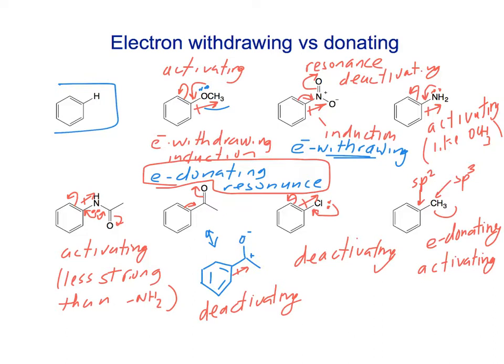Exactly. You probably not everybody heard all that, but as we increase the amount of s character, right? sp2 is 33% s, whereas sp3 is only 25% s. As we increase the s character, because that s orbital is closer to the nucleus, it pulls the electron density closer to the nucleus, which kind of translates to being more electronegative.